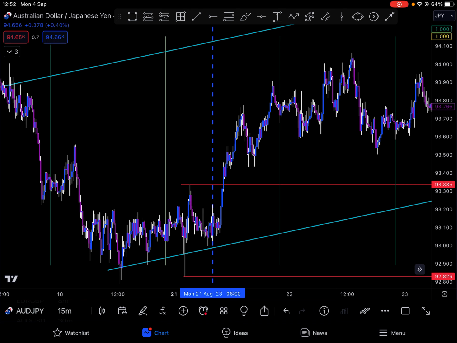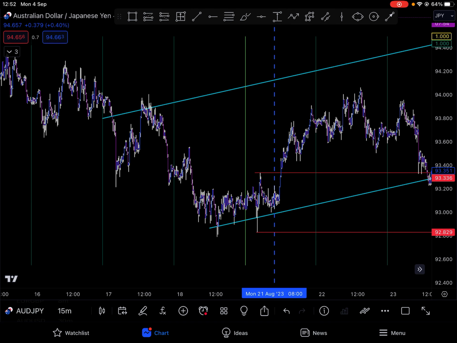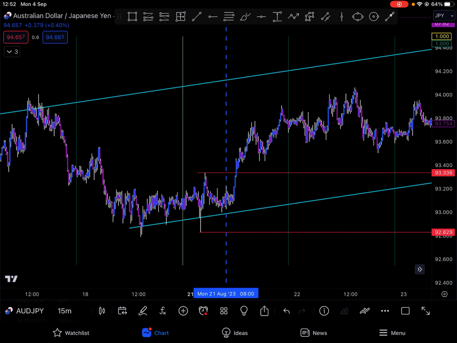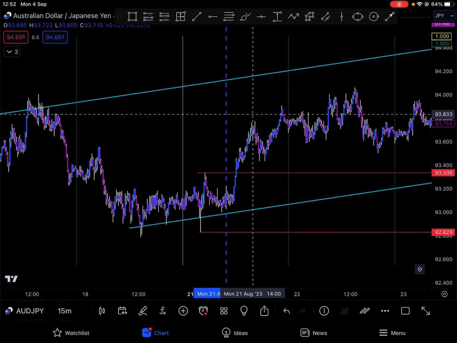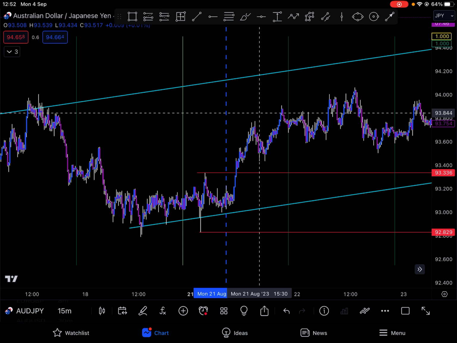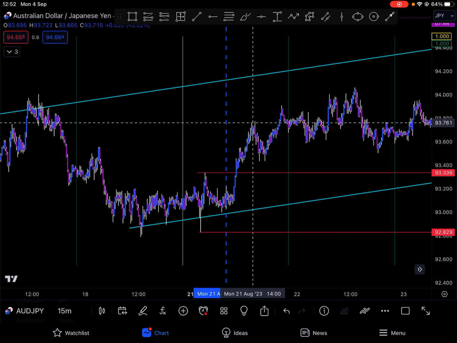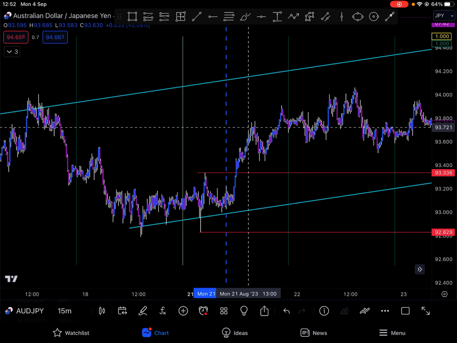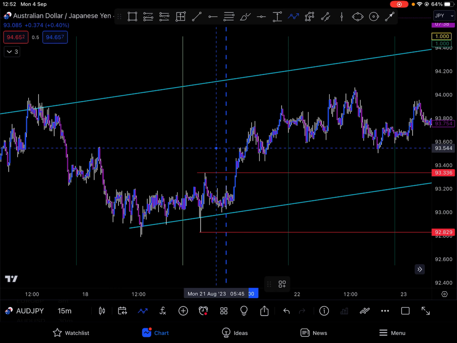So right after that, after marking this out, we're gonna wait for the break of the Asian session high over here. And in the New York session, we're gonna be looking for reversal patterns like the M, something like this.